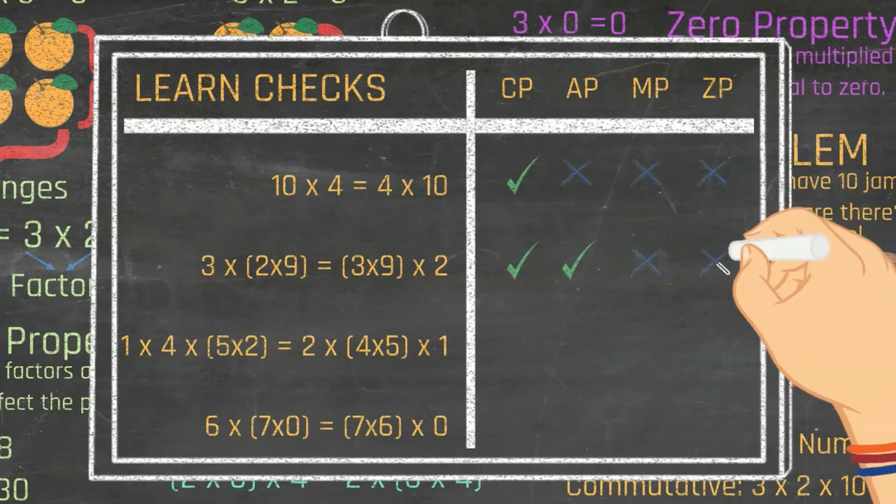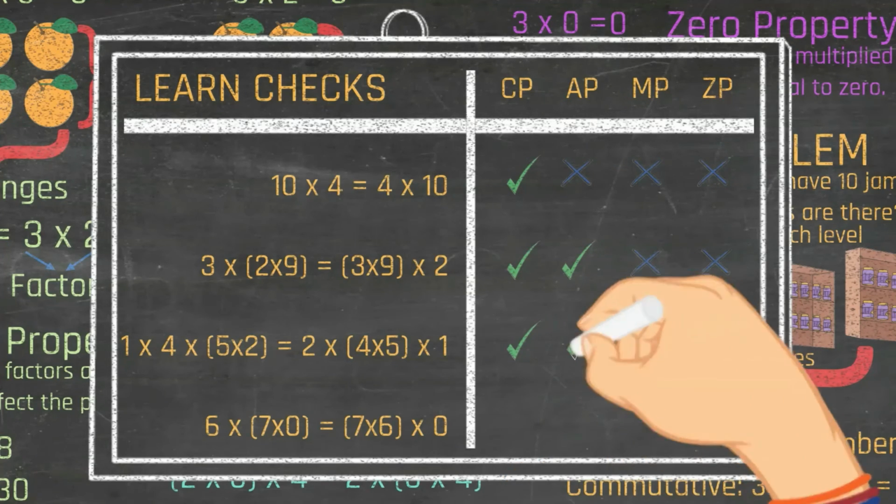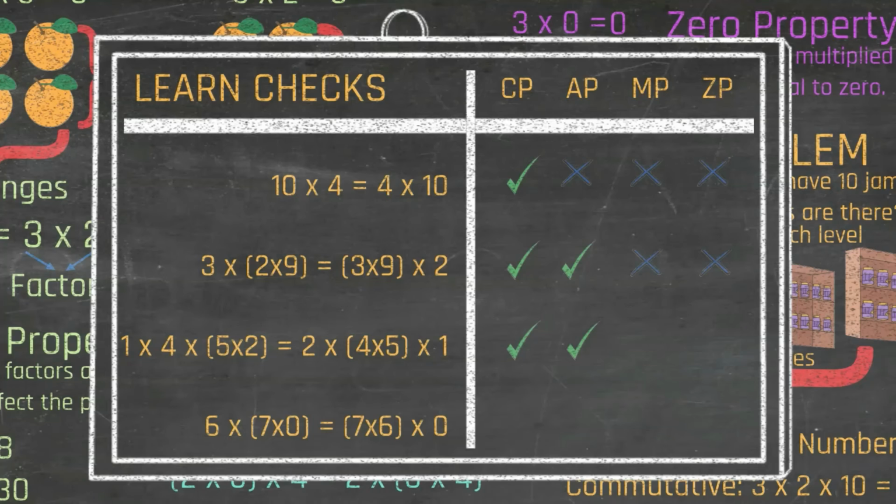No. Next. 1 times 4 times the quantity of 5 times 2 equals 2 times the quantity of 4 times 5 times 1. Commutative property. Yes. 2 and 1 switched orders. Associative property. Yes. A different grouping has been made.